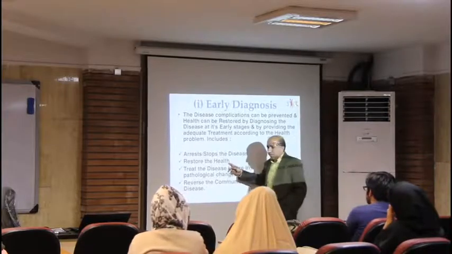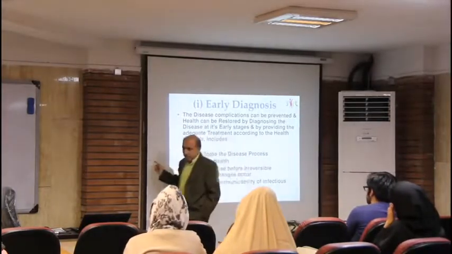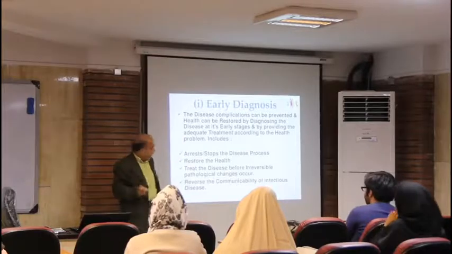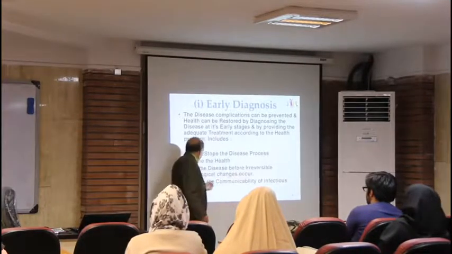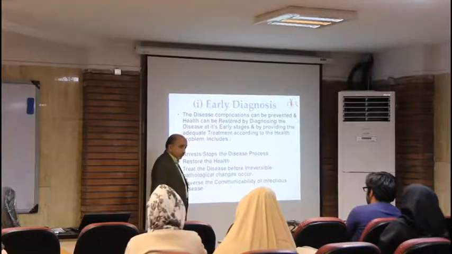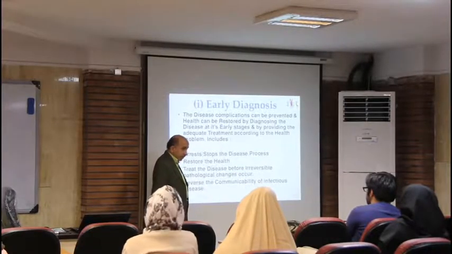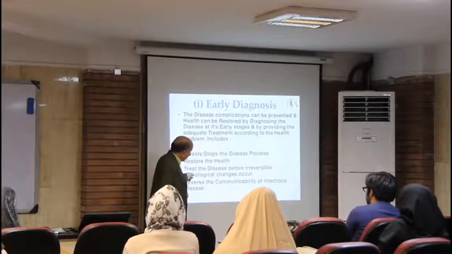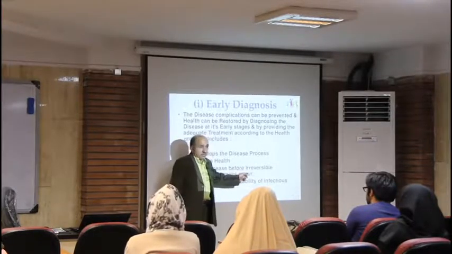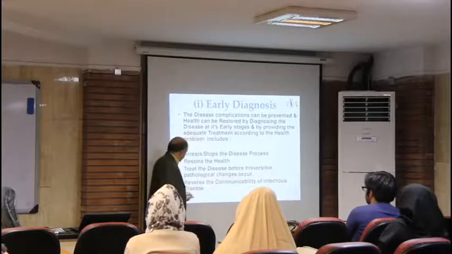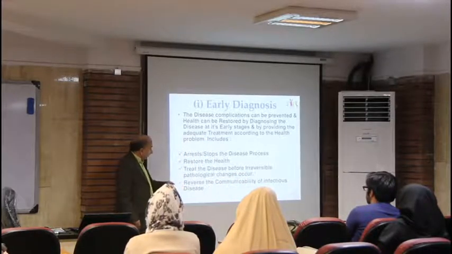Restoring health is a goal of secondary prevention. Treat the disease before irreversible pathological changes occur. Again, our focus here is before irreversibility of disease. Yes? And reverse the communicability of infectious disease.